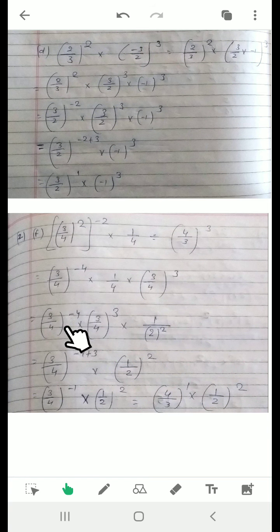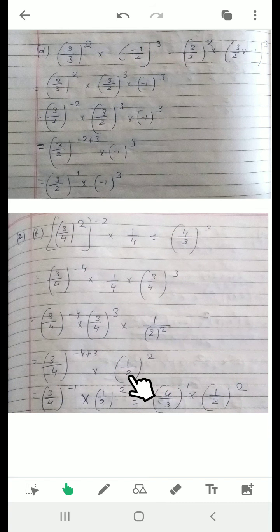I have written both of them together because the bases are same, and here powers will be added, and this 1 upon 4 I wrote as 1 upon 2 power 2, because 4 can be written as 2 power 2. Then this can also be written as 1 upon 2 whole power 2, because 1 power 2 is 1 only.